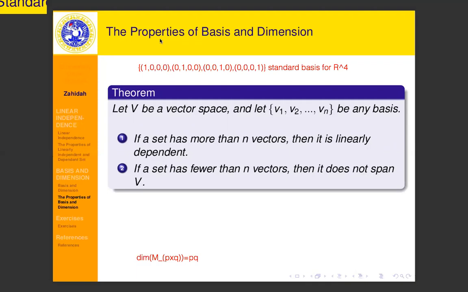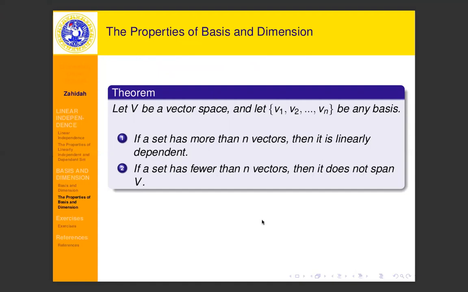Before the exercise, we have a property here. We have a vector space, and a set of n vectors that is any basis.